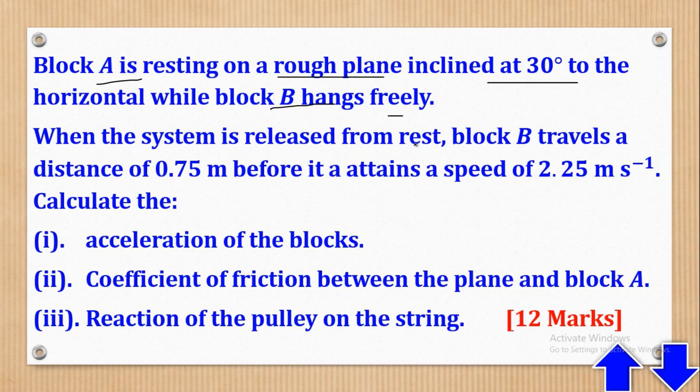When the system is released from rest, block B travels a distance of 0.75 meters before it attains a speed of 2.25 meters per second. Calculate Roman 1, the acceleration of the blocks, Roman 2, the coefficient of friction between the plane and block A, and Roman 3, the reaction of the pulley on the string.